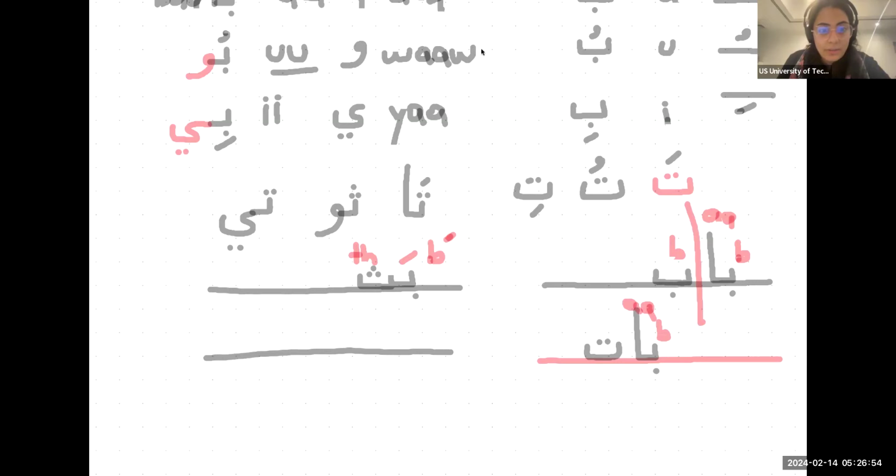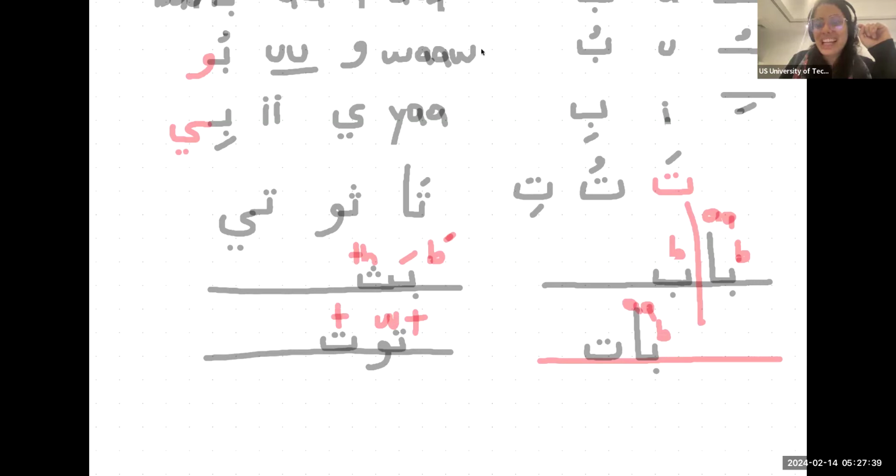Another word. Let's take this one. So I'm going to read it and it's going to be your turn. How can I read this one? Sorry, Salwa. Can you repeat one more time, please? So, is it toob or toot?